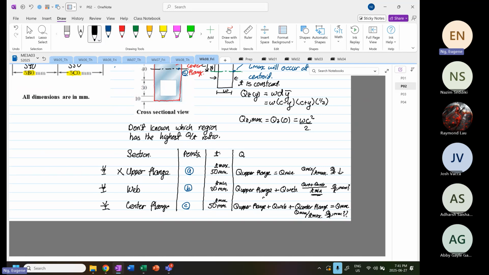Later, when I post the homework, they somehow take a different approach, but apply how I teach you. It's so much easier to understand. Always remember the V over I ratio is always a constant, regardless of which section you are looking at.